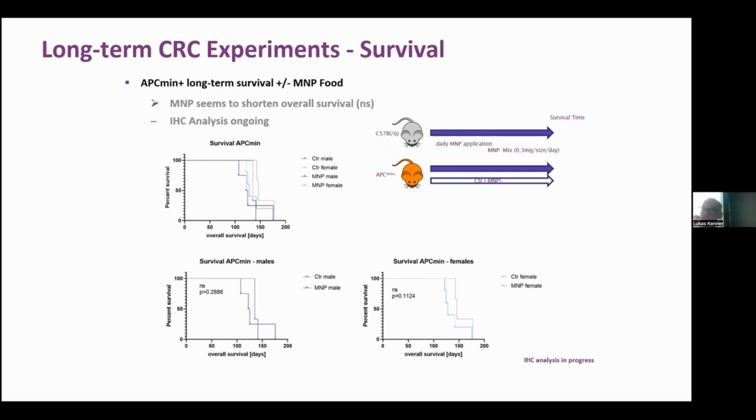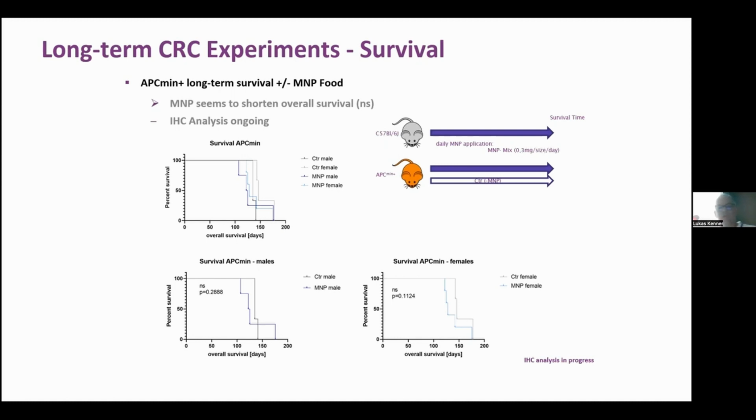We put the microplastics and nanoplastics in the pellets so that the mice are not stressed by the gavage, which we would have to do every day. So we started rather late, at 10 weeks of age, which is too late. We should start at weaning age. This experiment we are doing at the moment.